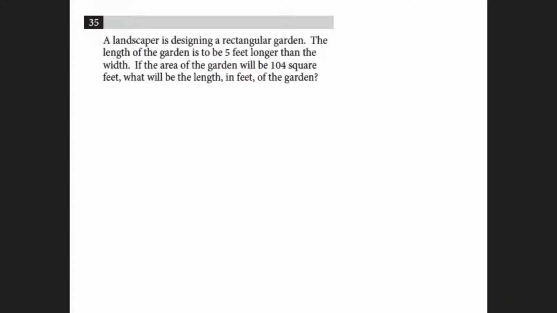35. A landscaper is designing a rectangular garden. The length of the garden is to be 5 feet longer than the width. If the area of the garden will be 104 square feet, what will be the length in feet of the garden? Let's do a little sketch. We know that the length is going to be longer than the width.